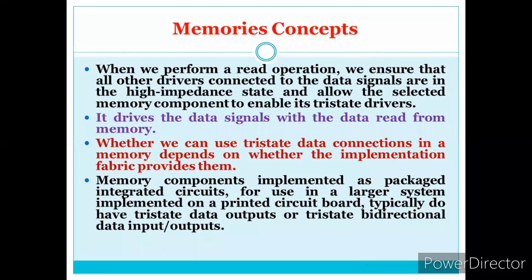Memory components implemented as packaged integrated circuits for use in larger systems on a printed circuit board typically do have a tri-state buffer for bidirectional operations. So generally when you use a printed circuit board, we try to use the tri-state buffer itself, in order to save cost, area, and improve performance.